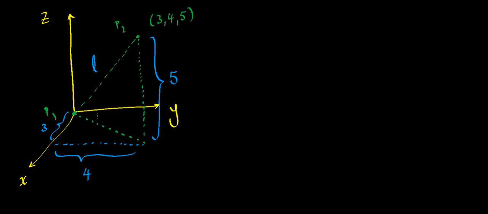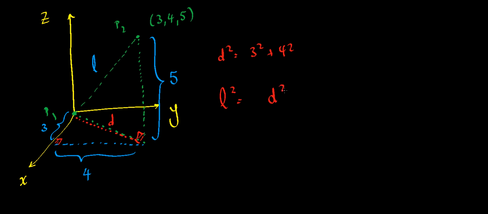First, we're going to use Pythagoras theorem to find this distance d of this line over here. I can say that d squared is equal to 3 squared plus 4 squared, because this is a 90-degree angle. Then I'm going to use Pythagoras theorem one more time to find this distance L. L squared is equal to d squared plus 5 squared, because this is also a 90-degree angle.